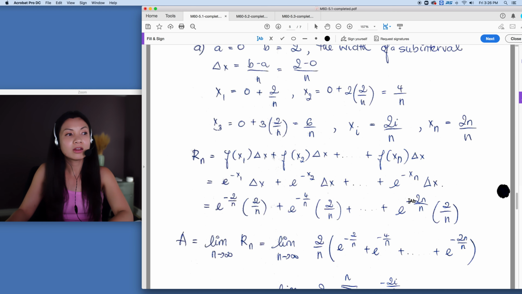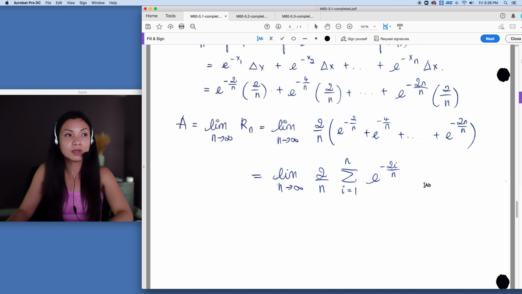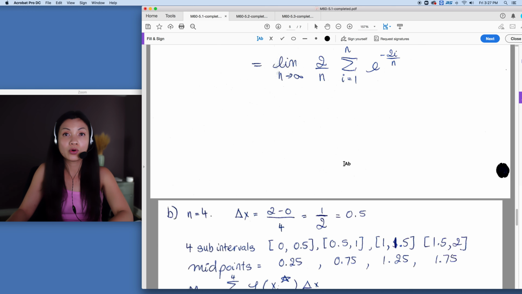Then from there, we take the limit as n approaches infinity. You can see right here, I can just factor out 2 over n, with the e function inside. So taking the limit, I'm going to end up with a series, a summation of the function from 1 to n. Now that's the general form.